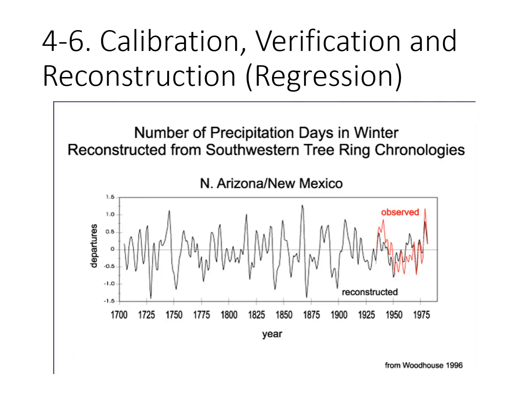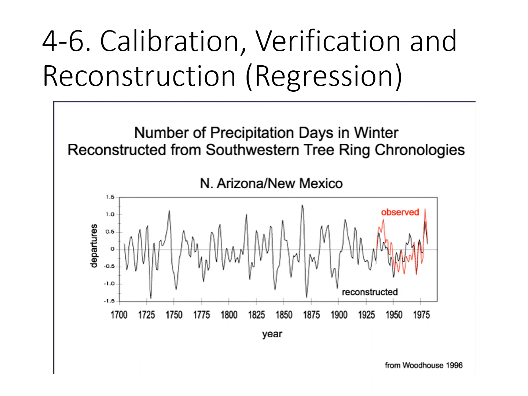Once all the tree rings have been counted and measured in all the many samples that we've collected, we can begin the 4 steps that we talked about earlier: calibration, verification, reconstruction, and validation. This plot shows the number of days in winter when precipitation occurred in northern Arizona and New Mexico.